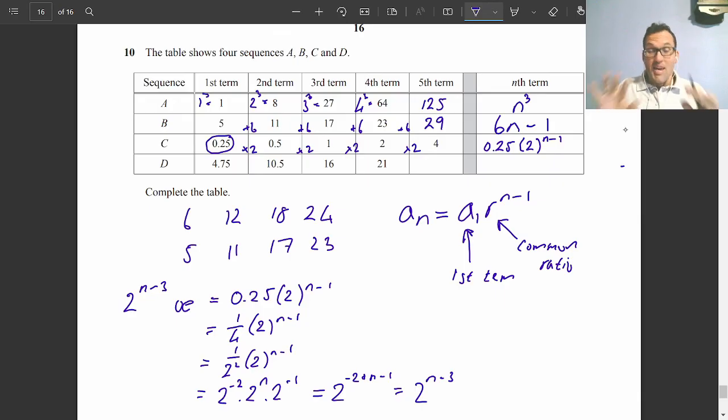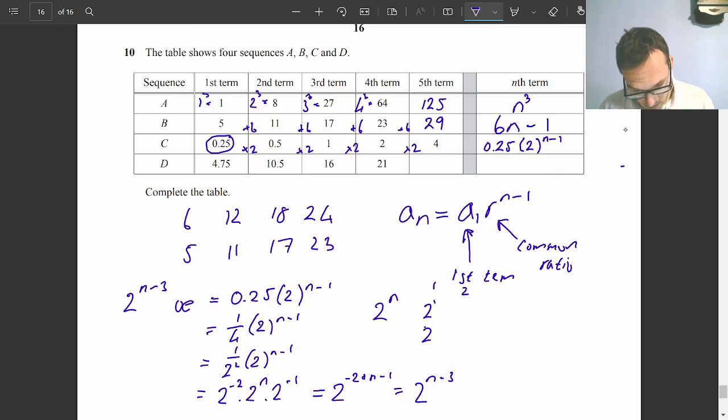If you're not happy with that, there's another way. Let me show you. The moment you recognize this as a geometric sequence, as a basic geometric sequence, we multiply everything by 2. Let's write the sequence of 2 to the power of n. The first number in that sequence would be 2 to the power of 1, which is just 2.